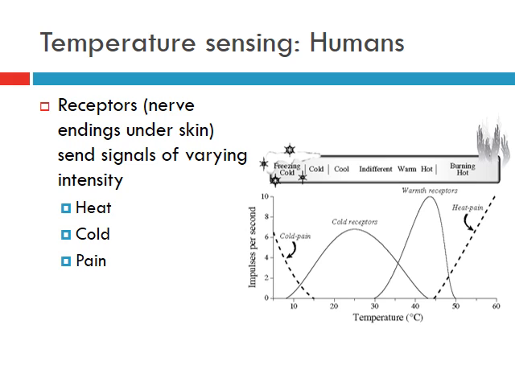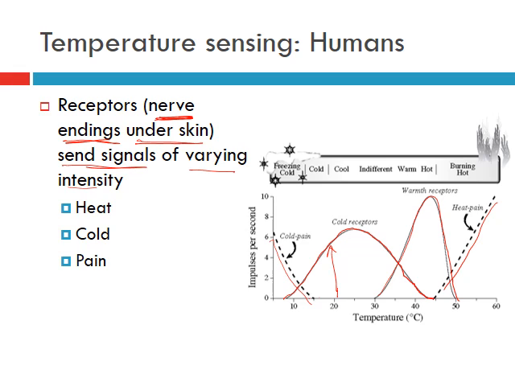Okay, so how do humans sense temperature? The way we sense temperature is we have nerve endings that are receptors under the skin. These nerve endings send signals of varying intensity. For example, this is the cold receptor. Over this range of temperature, depending on the temperature, it sends so many impulses per second. Like that, we have heat receptors, again nerve endings, and then we have pain receptors.